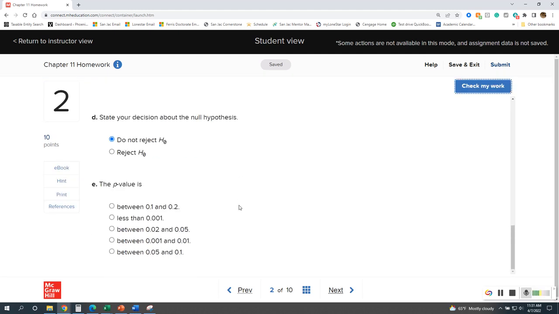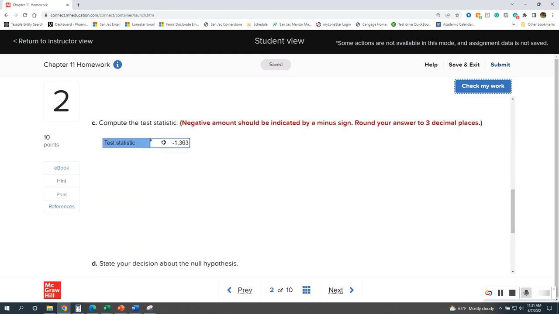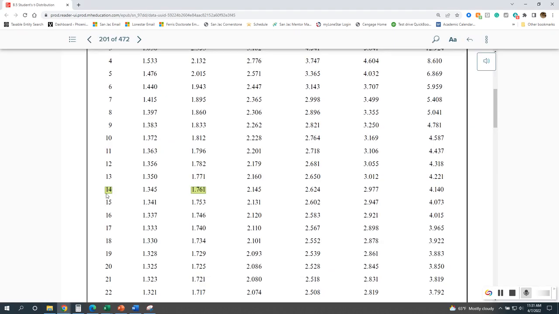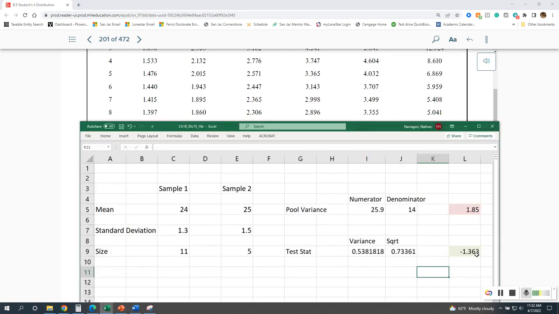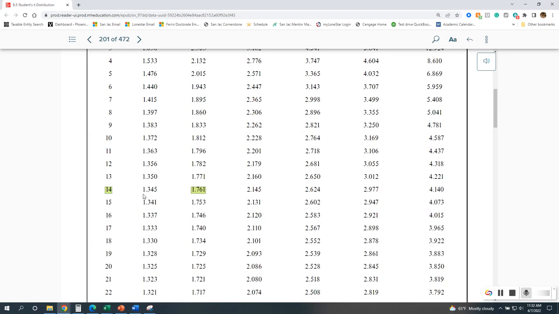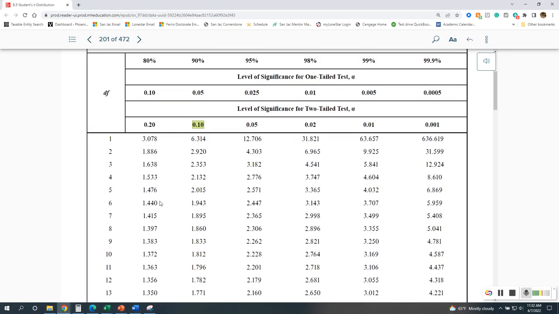And now it's time to figure out the p-value. And the p-value, again, we're going to take our test statistic and we're going to find it on the chart. Now remember, we have to stay within 14, the degrees of freedom. And we're going to see where 1.363 will fall. And it's going to fall between the first 2 columns.